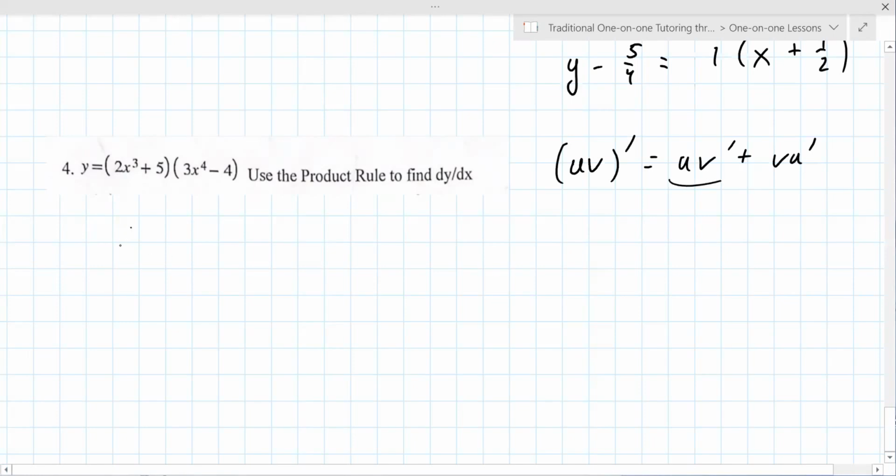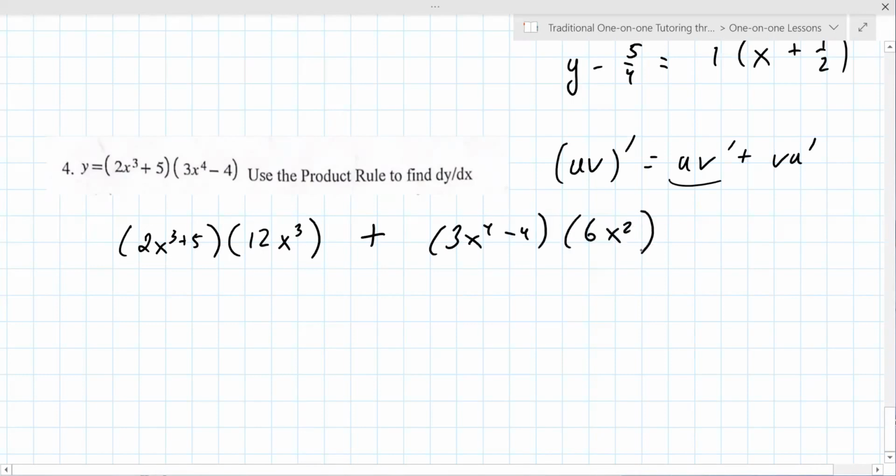So I'd like to at least check with you on the first one. Actually, this one does not have any quotient or chain rule. It's just got pure power rule inside there. I got that first part, and then I got 3x fourth minus 4 times 6x squared.